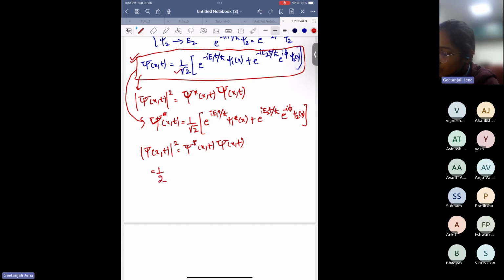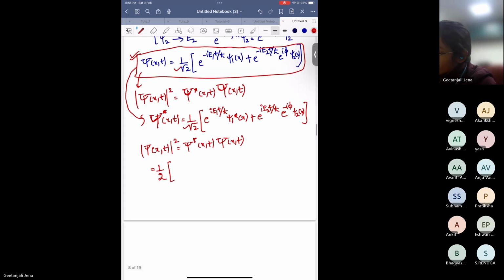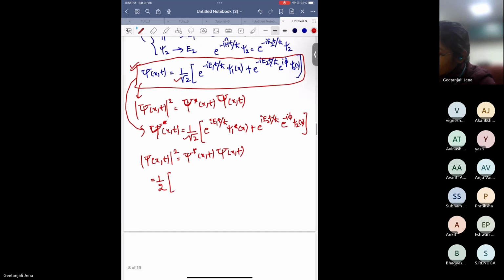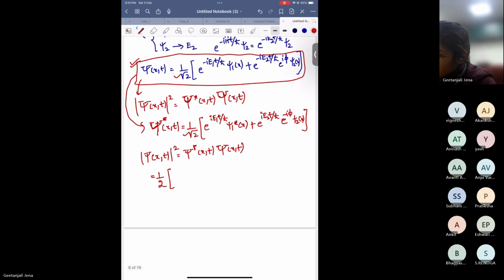This 1 by root 2 will give 1 by 2, and this term will give psi 1 x square, right?